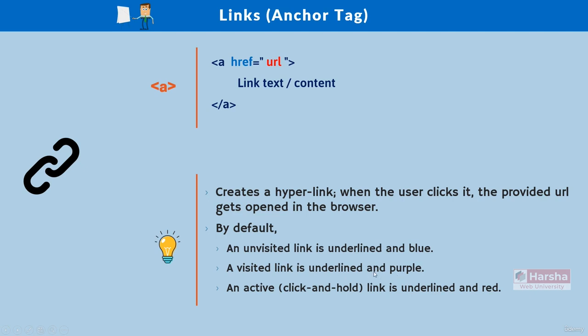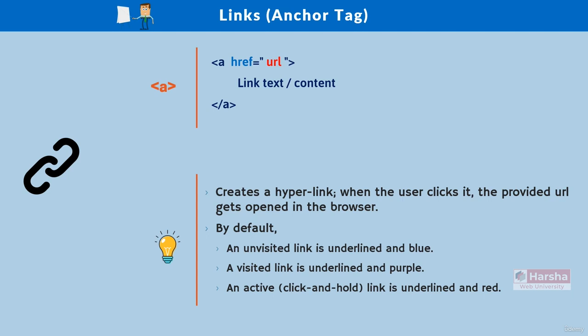And if the user clicks and holds it down with the mouse pointer, it becomes an active link, and for that, red color underline is the default style. By using CSS, we can change or customize these colors and styles. In the next lecture, we will learn to style the hyperlinks by using CSS.